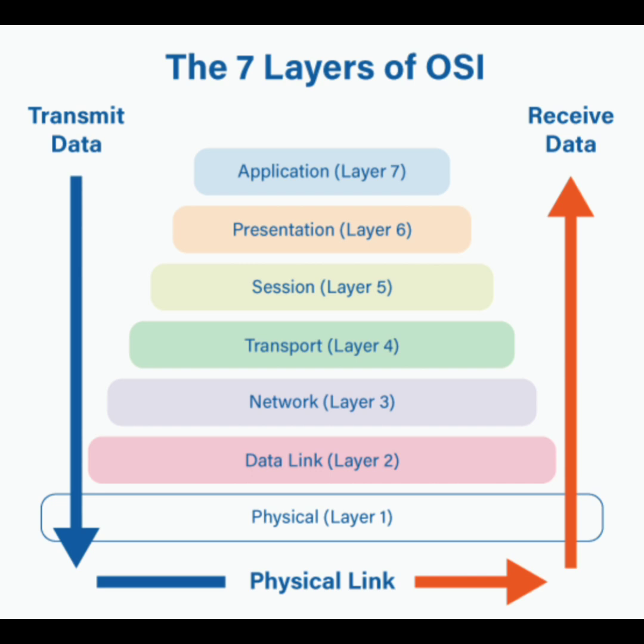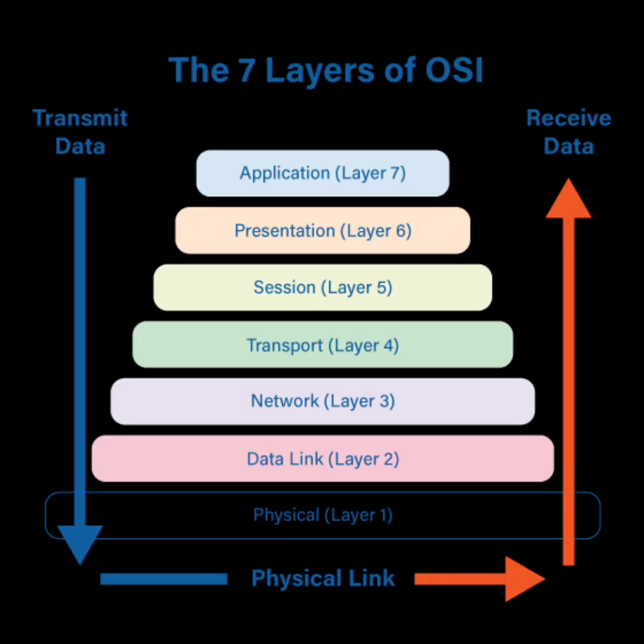Each layer has its own unique functions and responsibilities, and this layered approach makes it easier for different devices and technologies to work together. The OSI model provides a clear structure for data transmission and managing network issues.